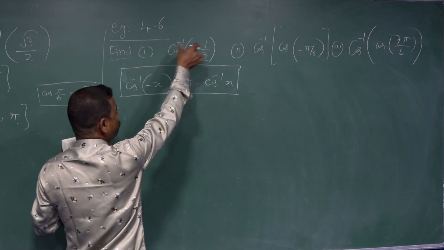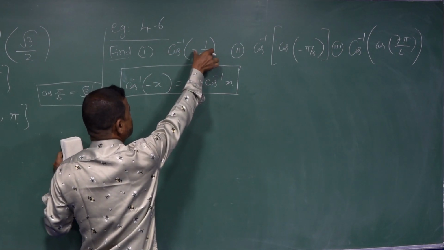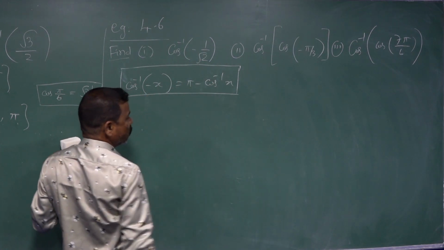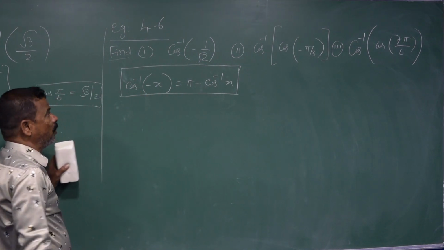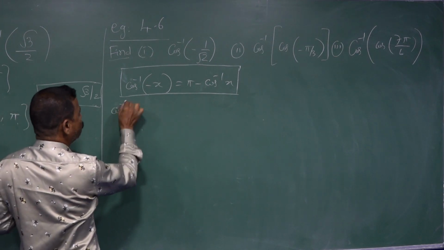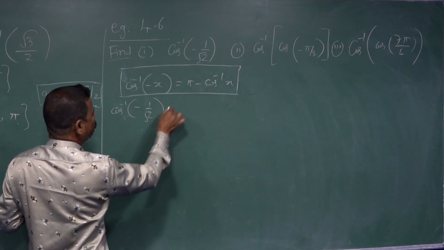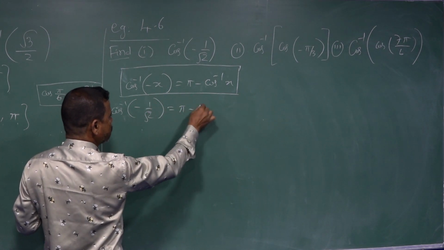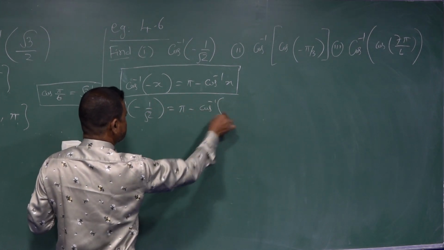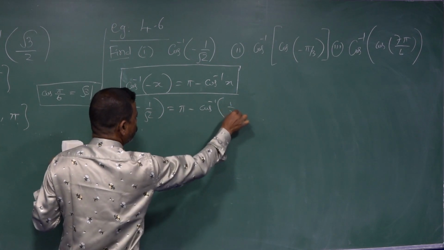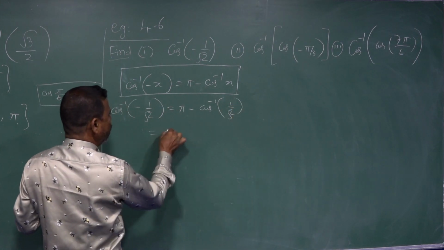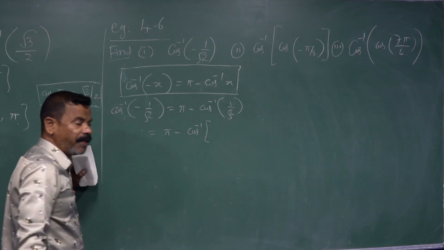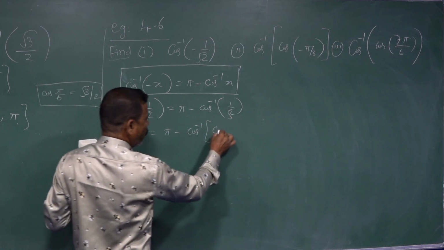If in this minus value, minus x, we convert to π minus cos inverse x. Cos inverse of minus 1 by root 2 is equal to, according to this principle, π minus cos inverse of x, where x is 1 by root 2. That means π minus cos inverse of 1 by root 2, in terms of cos, π by 4.